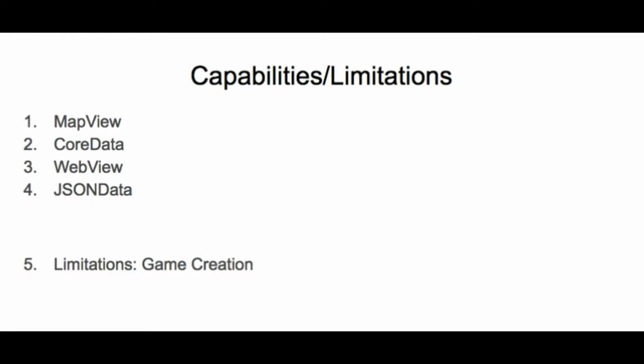All right. Up next is the capabilities and limitations for this particular project. And honestly, I have almost nothing to say except good things. In terms of capabilities, we had many tools at our disposal that we had learned, such as the map view, the core data, the web view, and accessing JSON data online.